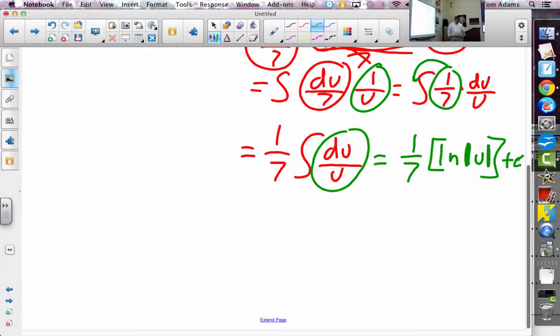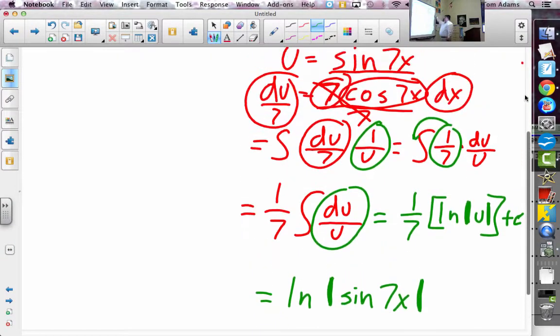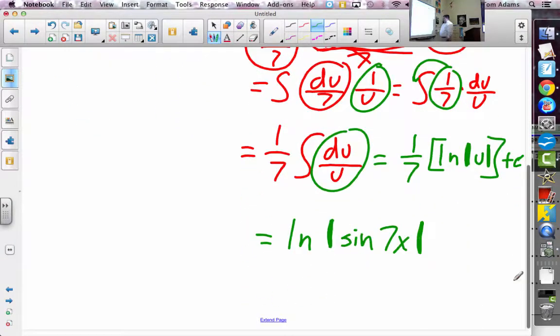Right? Now what is u? Sine of 7x. So I've got the natural log of the absolute value of sine of 7x plus c. And then, oh, I almost forgot I got to tack on this 1/7.